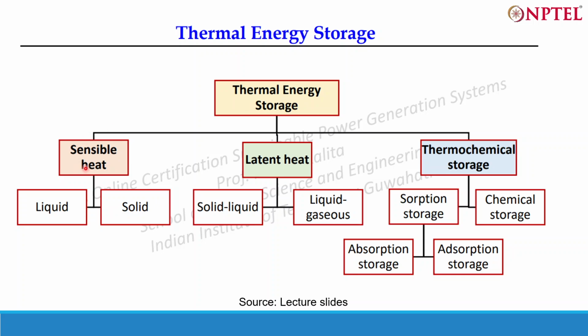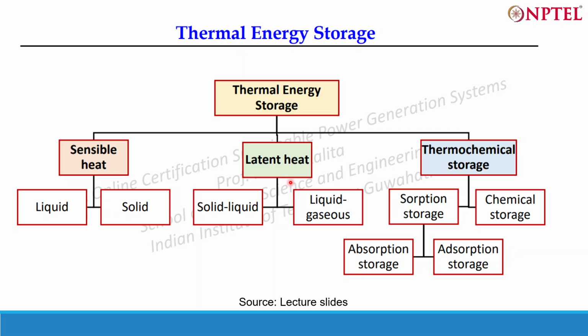So first we'll focus on thermal energy storage. First is sensible heat. We store it in a liquid or solid by increasing the temperature. Sensible heat is the heat which goes into increasing the temperature. Then we have latent heat, where we do not increase the temperature, but convert the phase of the material to store the heat.